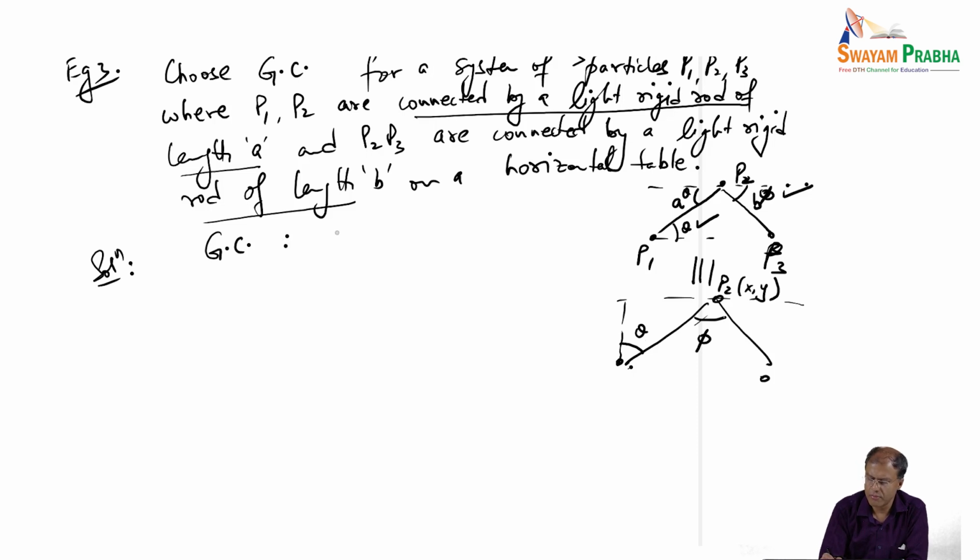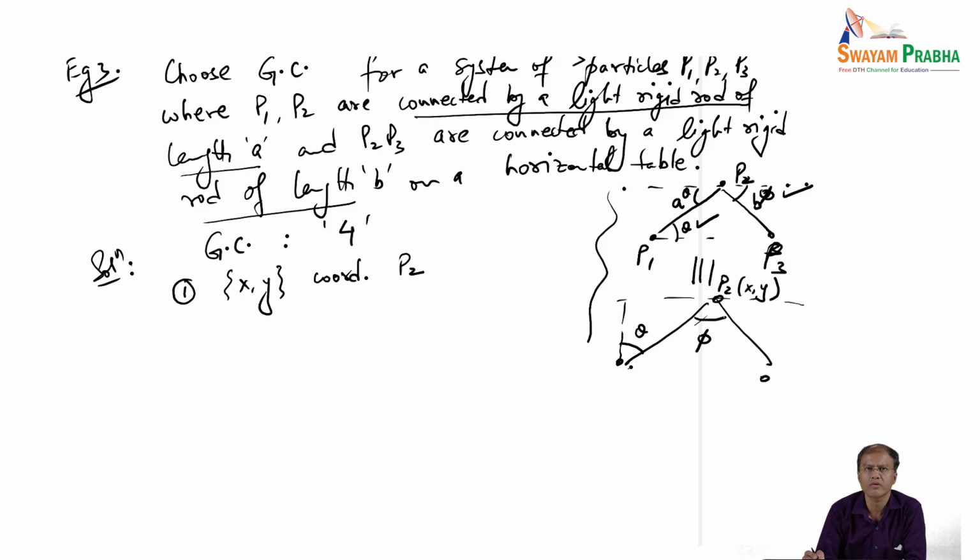So in total we have four generalized coordinates. Two of them are the x, y coordinates of one of the particles, let's say P2, and we could have another set of generalized coordinates. I'm just discussing two sets; we could have multiple, depending on our choice.